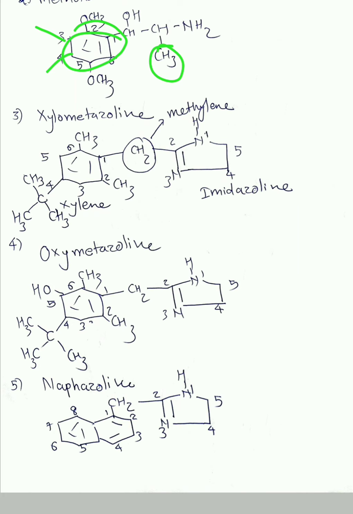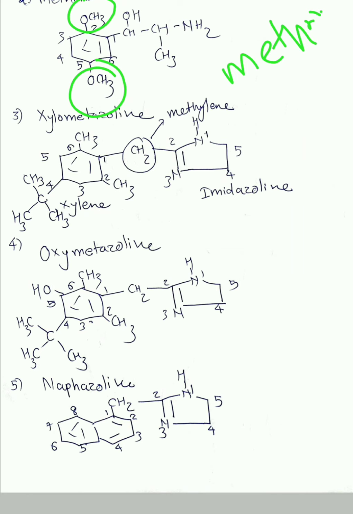Next, in the benzene moiety, on the third and fourth position, the OH group is not there. Instead, on the second and fifth position, which group is present? Methoxy, because the name is methoxa.